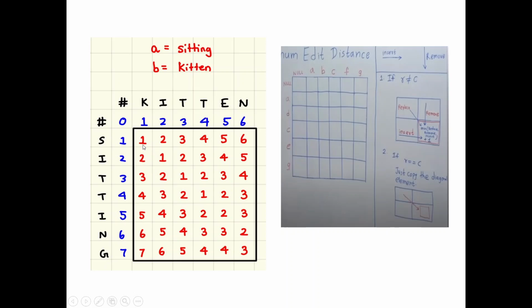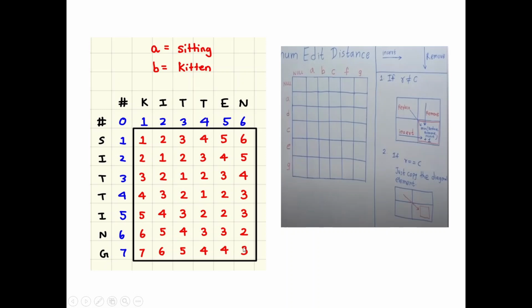You have three elements in your hand: 1, 2, 2. What is the rule when row is equal to column? Just copy the diagonal element. The diagonal element is 1, so 1 is directly copied here. Again I with T, not equal, minimum plus 1. Like that it is repeated.